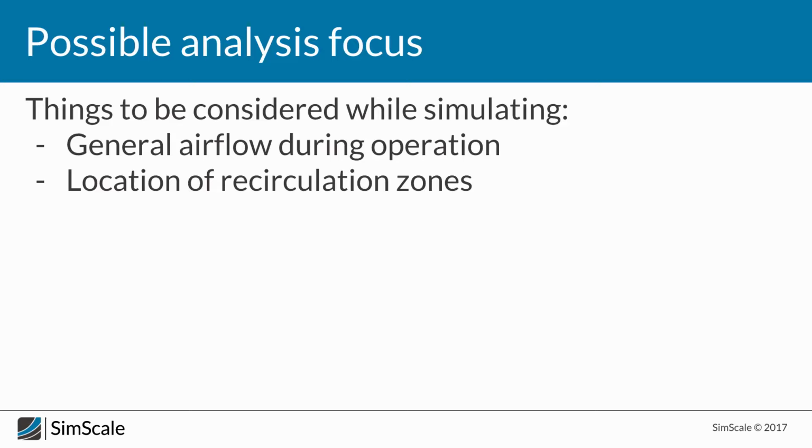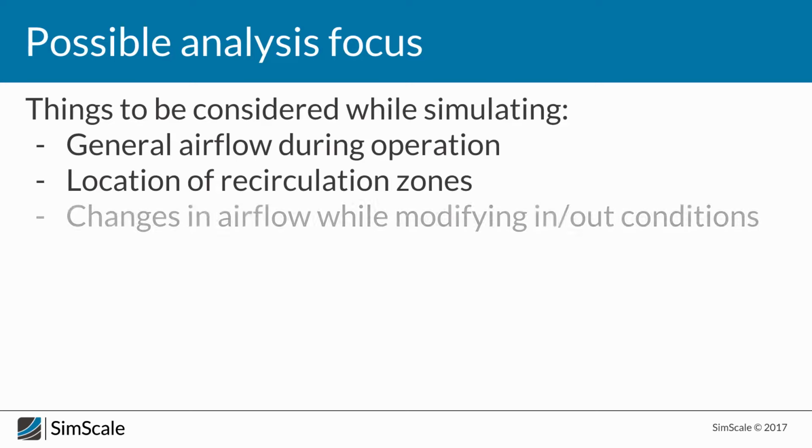This is what we're trying to avoid, and the design of the room and improvement of the design will focus on removing this kind of recirculation zones from the room itself. Changing the airflow while modifying inflow and outflow conditions.